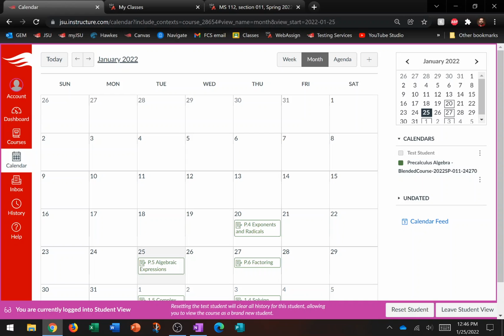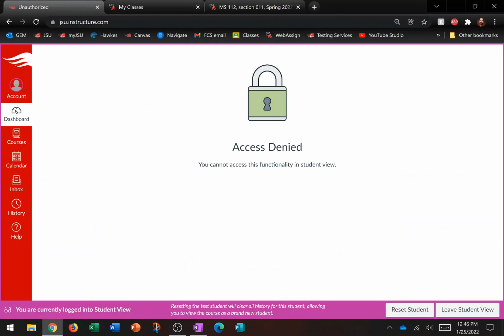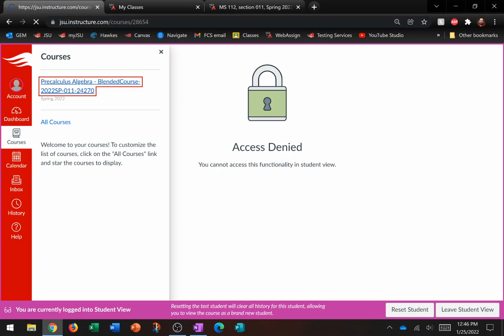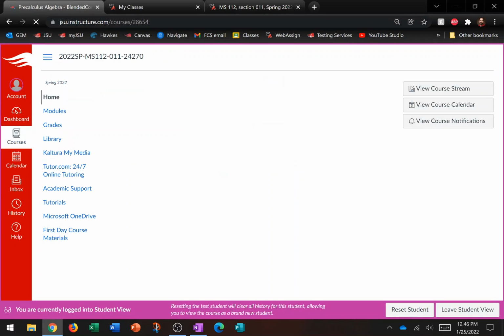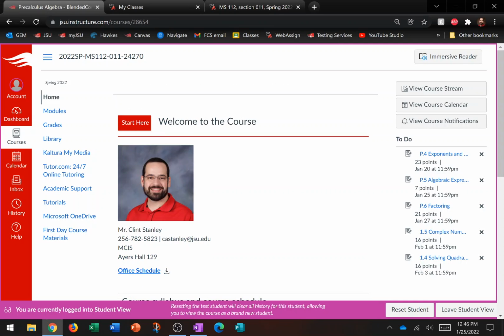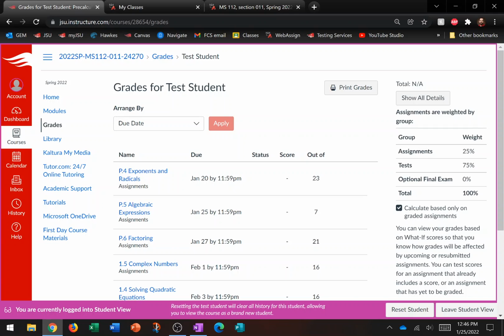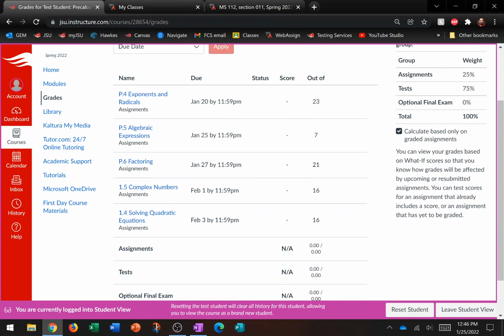One thing that changes a little bit is, if you go to your grades, you'll have a spot for a grade for every assignment. Remember the total percentage and what counts in here, so you can really just look at the bottom.